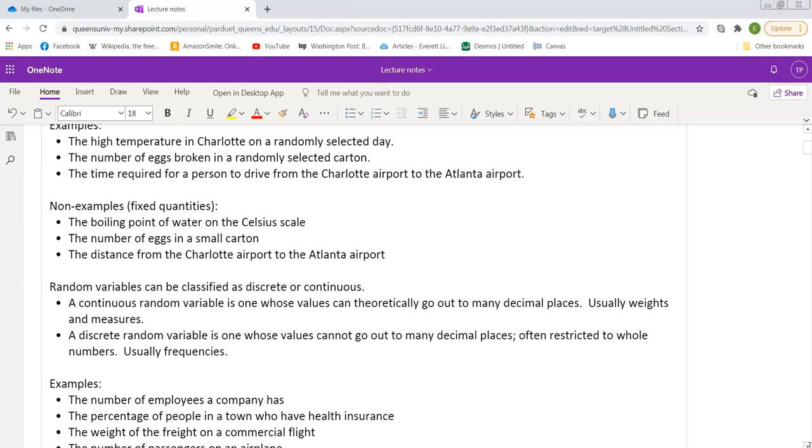And the reason this is important is that the way distributions are written is different based on whether they're continuous or discrete. Today we're going to talk about discrete random variables, or distributions of those. And later on we're going to look at continuous random variables, but not today.